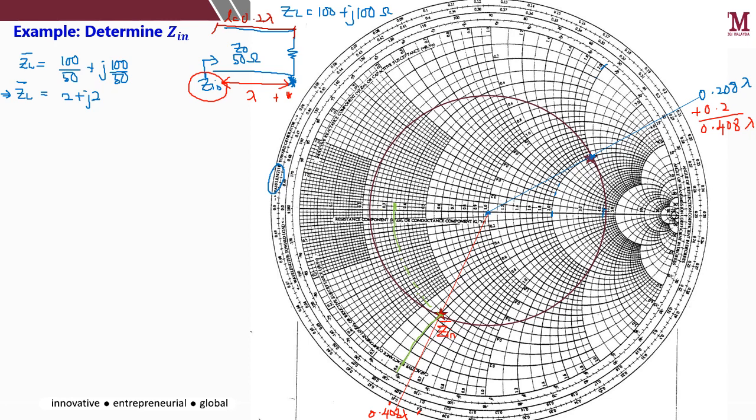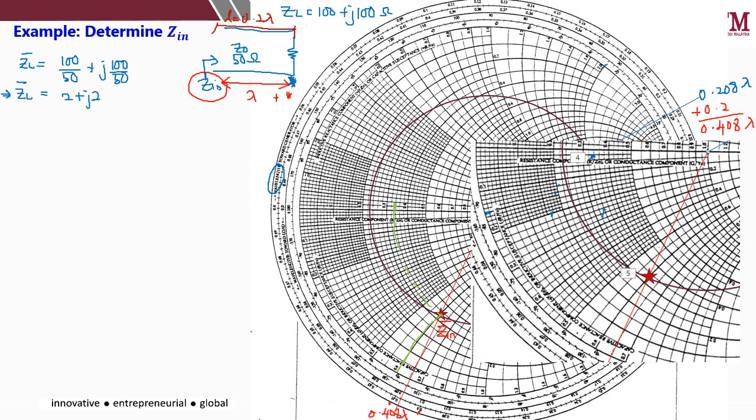It's 0.6. Okay, so your Z-in in this case is equal to 0.34, and then minus J because it's at the bottom half of the Smith chart, 0.6.